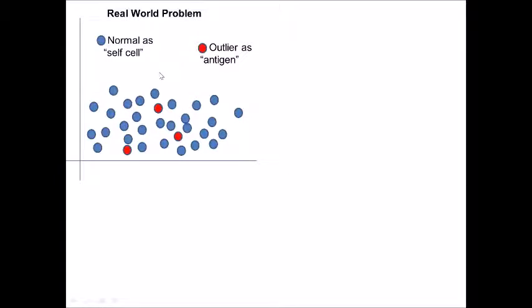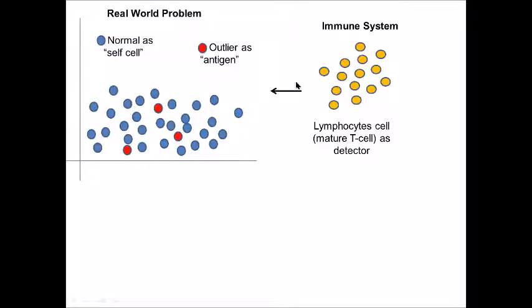As I mentioned just now, the immature T cell will try to recognize normal cells and not normal cells. Not normal cell is an outlier or the antigen. The T cell will be presented to the real world, the lymphocyte cell, the mature T cell.